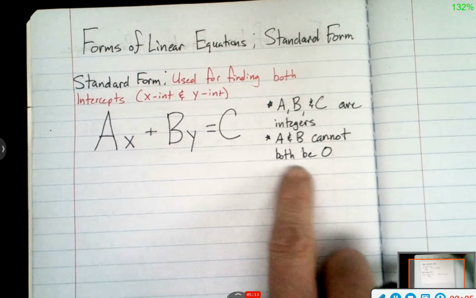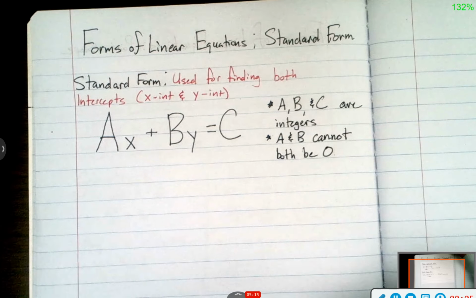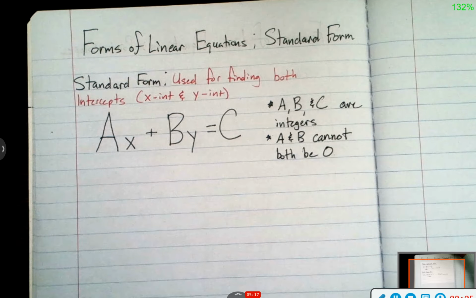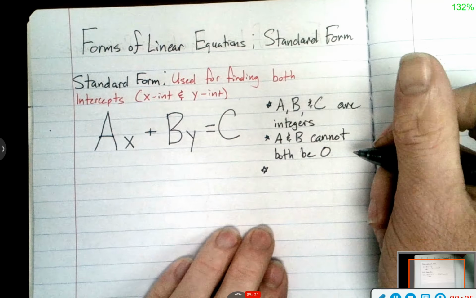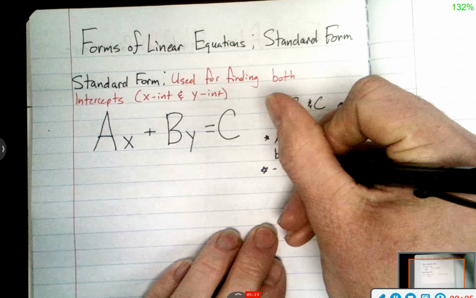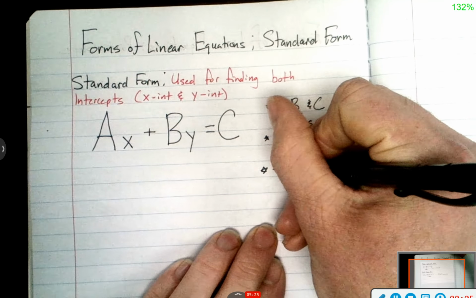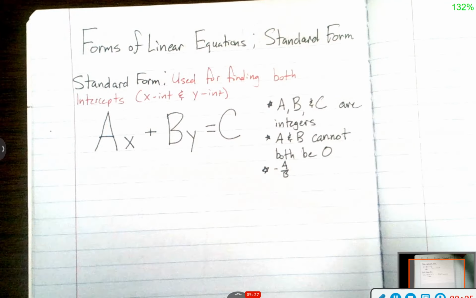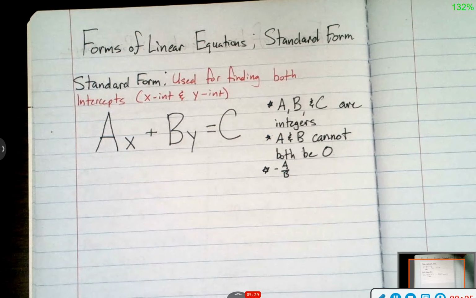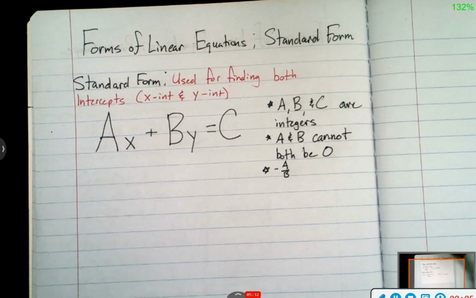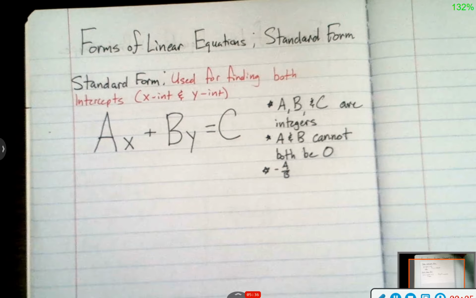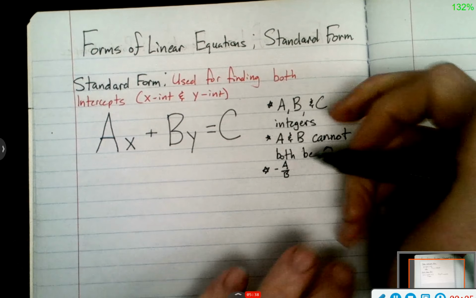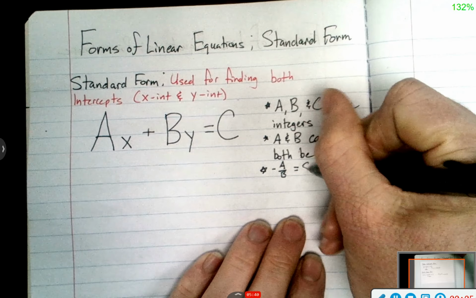Sometimes I do show a little trick that you can maybe use to calculate your slope and y-intercept. I don't recommend it being your only method for finding the slope and y-intercept, but it does technically work. If you take A divided by B and flip the sign, or negative A divided by B is another way of thinking about it, this is going to tell you your slope every time.